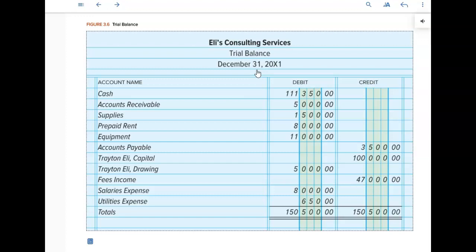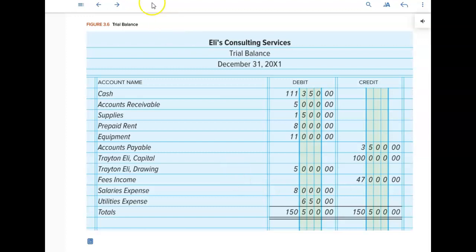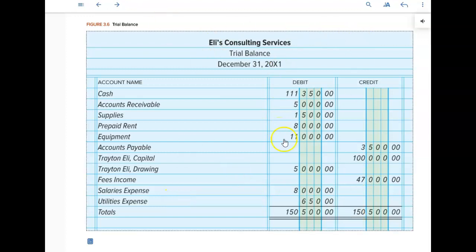We will use this trial balance to prepare financial statements for the company. Looking at this trial balance, it would be impossible to properly prepare an income statement. Was the $47,000 of fees earned in the month of December? Or was it earned for the year ended December 31st, 20X1? There's no way to tell from looking at this trial balance.